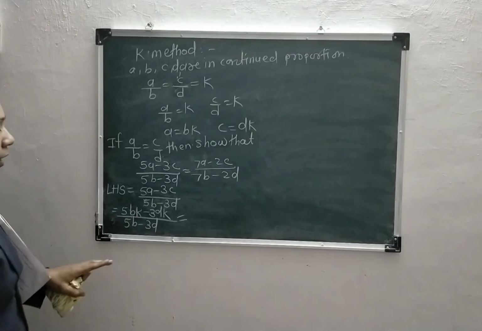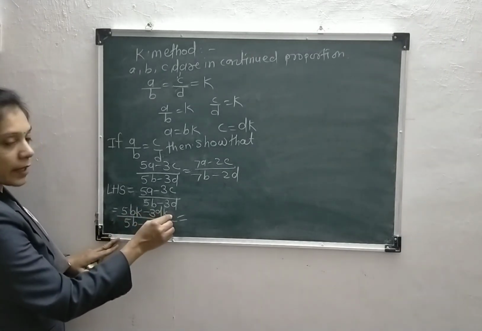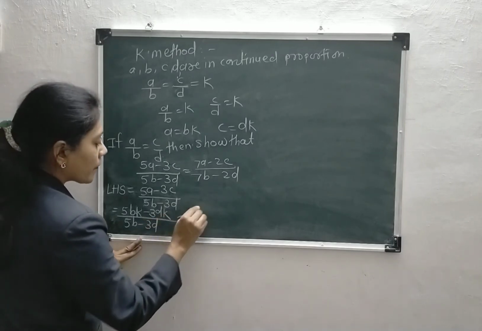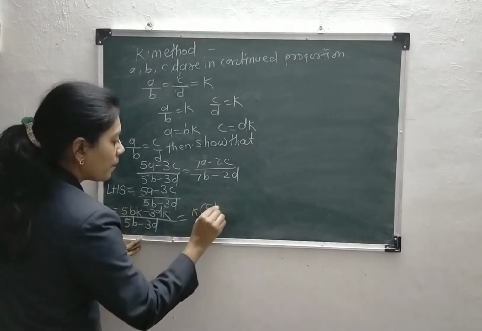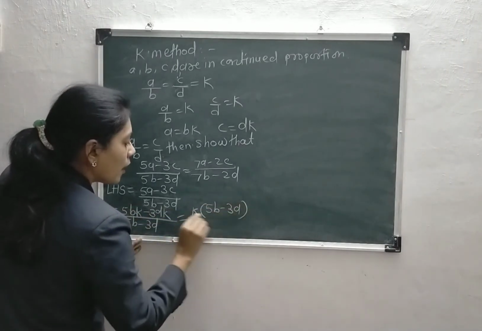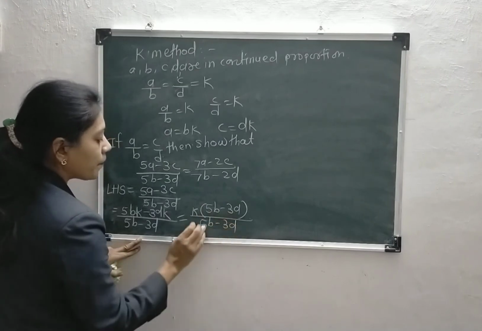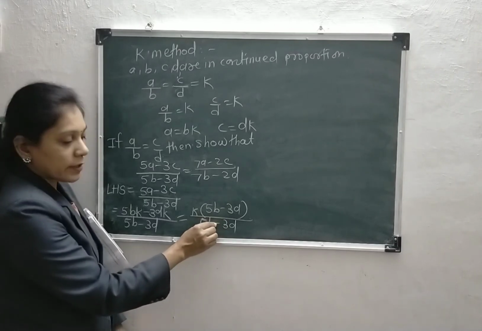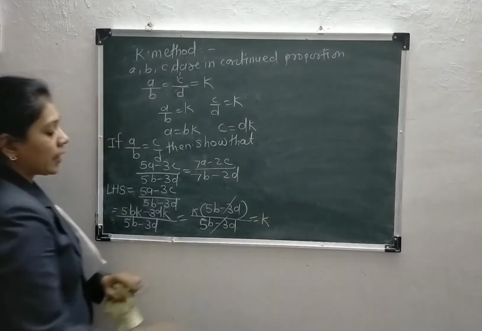See here, in the numerator K is common, so take it as a common factor. What is remaining in the bracket? 5B minus 3D upon the denominator 5B minus 3D. Numerator and denominator are the same, so cancel these. What is remaining? Only K.